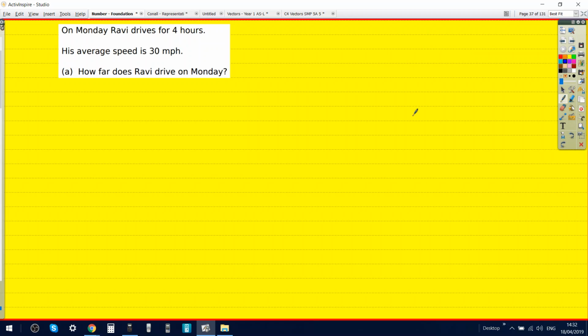How about this one? Okay, she drives for 4 hours. Average speed is 30 miles per hour, drive on Monday. So 4 hours, she's driving at 30 miles per hour.